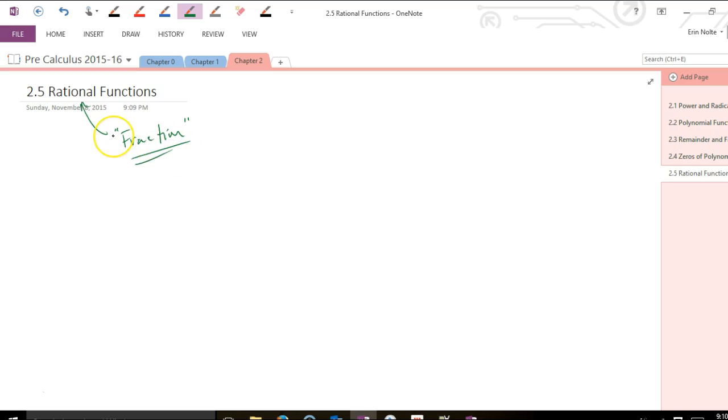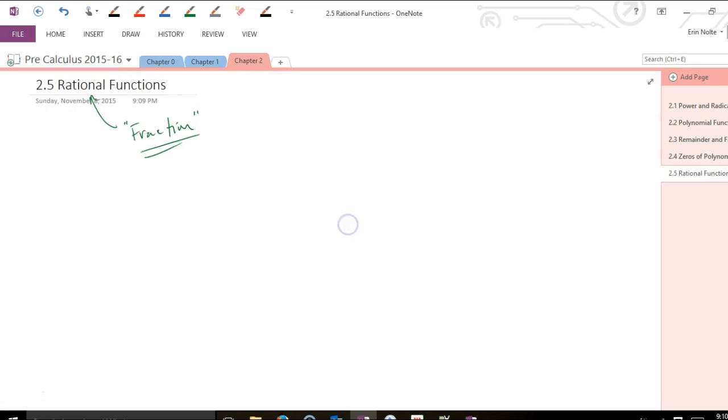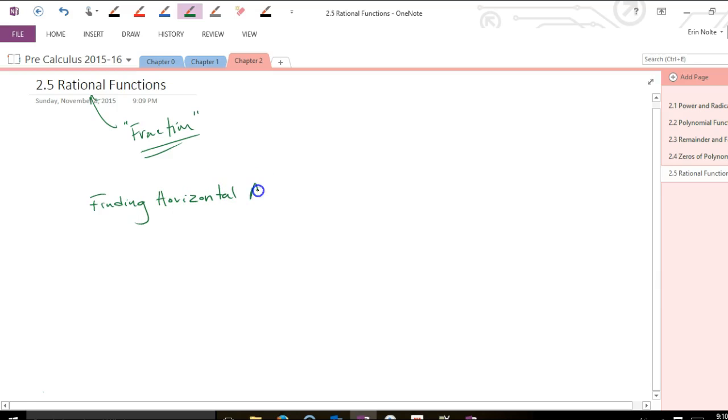So this whole section is going to be functions that are written as fractions. The first part of this is going to be finding your horizontal asymptotes. We've gone over this before, so this should be review.